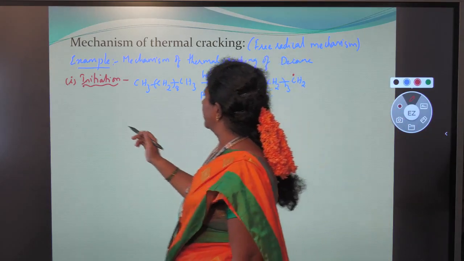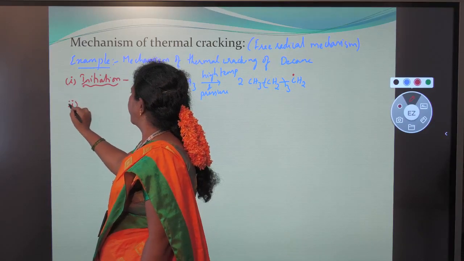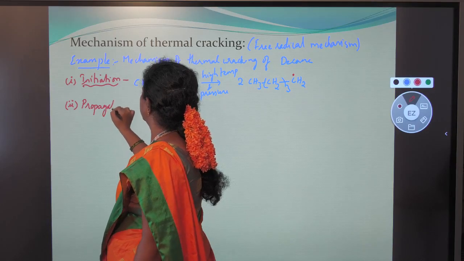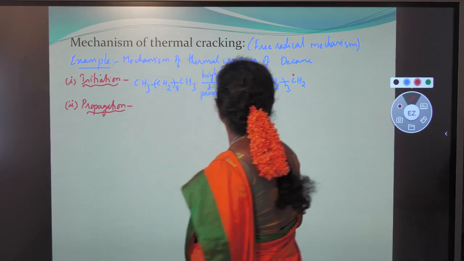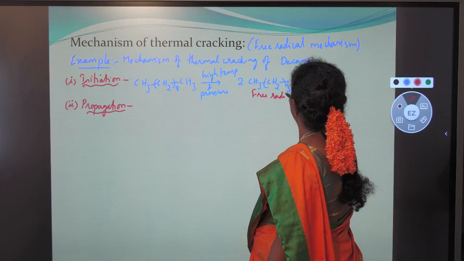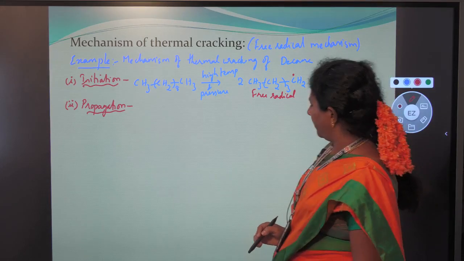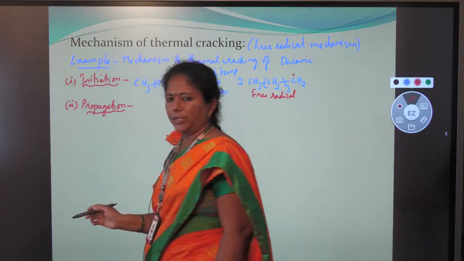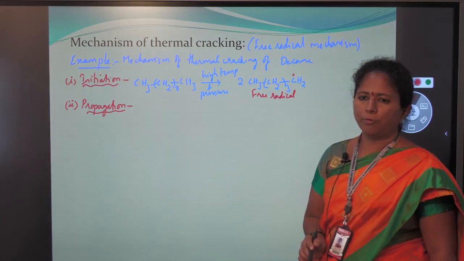The next step is the propagation step. Here free radicals are formed. In the propagation step, the propagation continues until a stable free radical is formed.